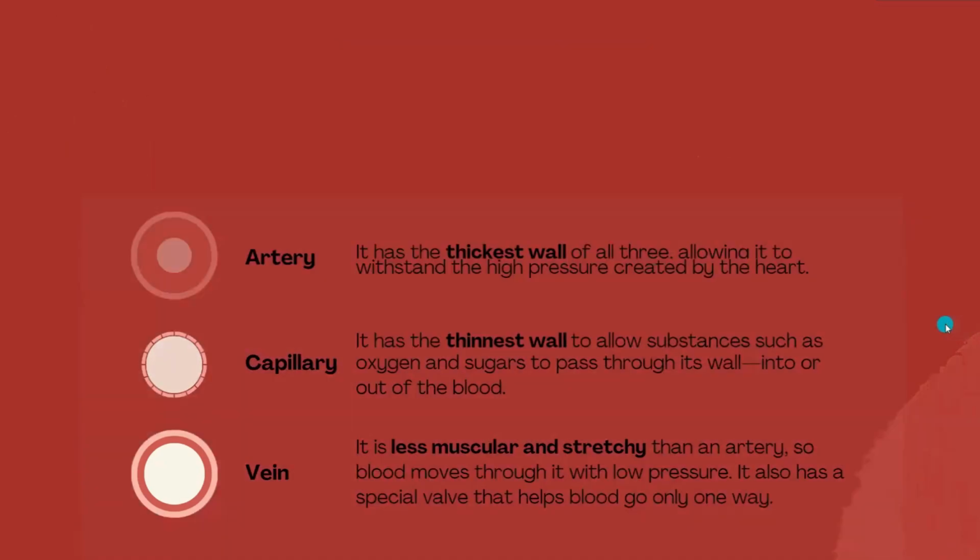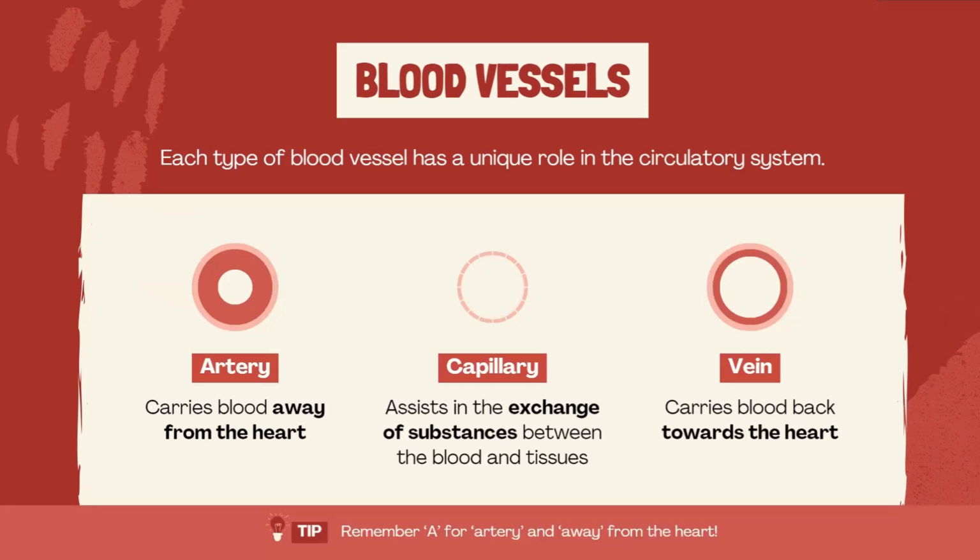Let us look at the functions of each of these blood vessels. Artery carries blood away from the heart. Capillary assists in the exchange of substances between blood and tissues. Lastly, the vein carries blood back towards the heart.